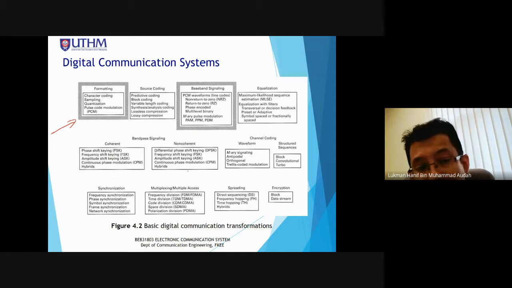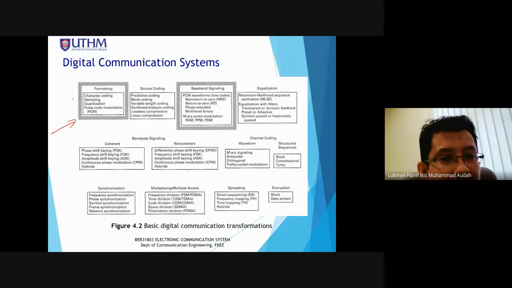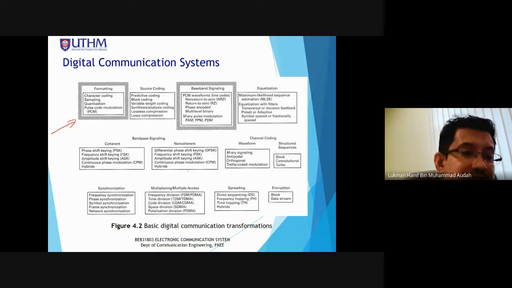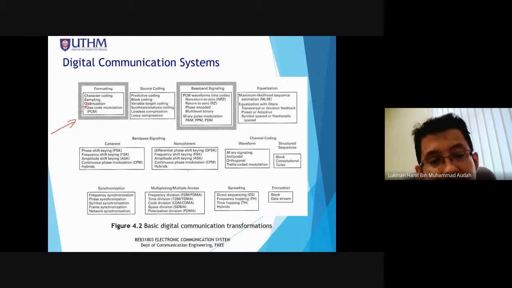So nanti you akan belajar berkenaan dengan sampling, quantization, and encoding process. Source coding, this is for data compression. Ini ada disentuh sedikit berkenaan dengan source coding, yang mana kita nak compress the input signal.